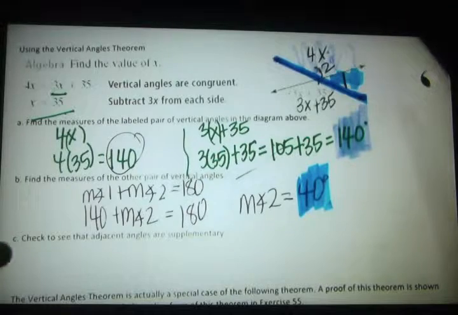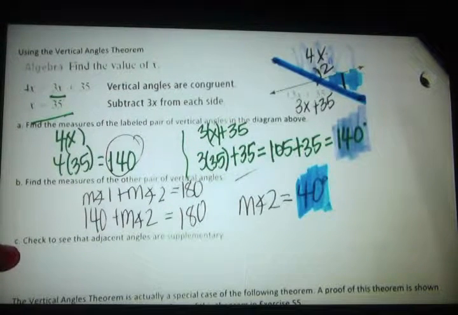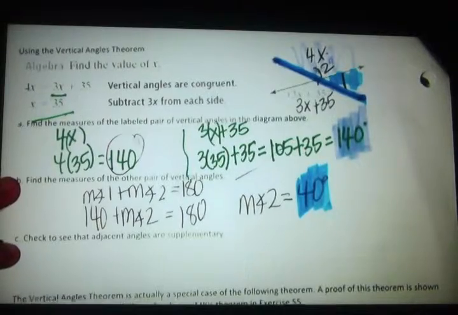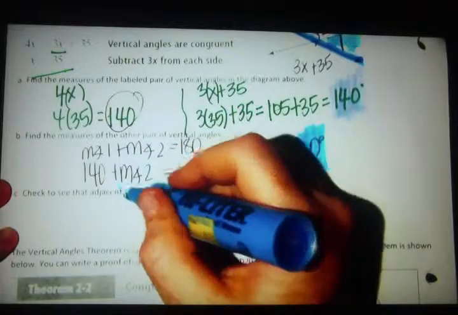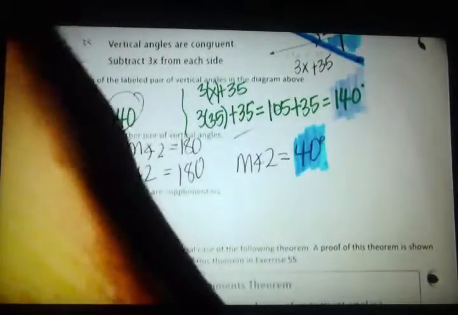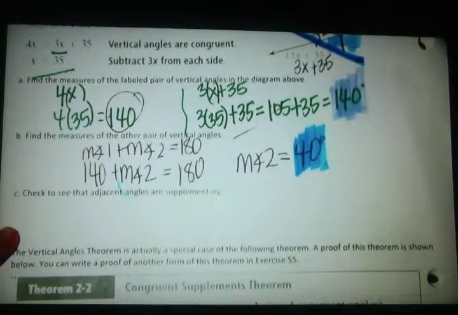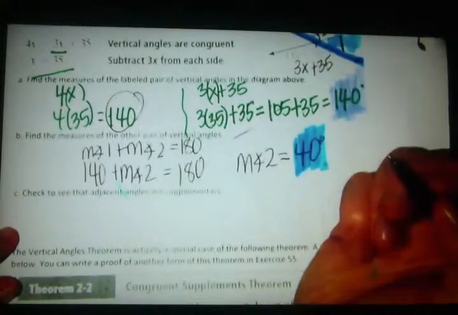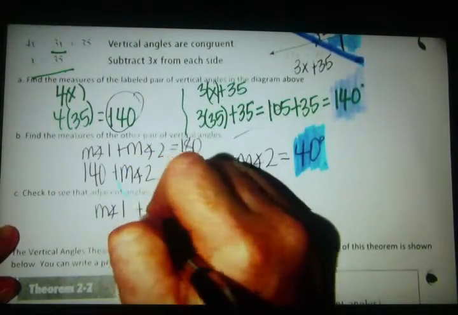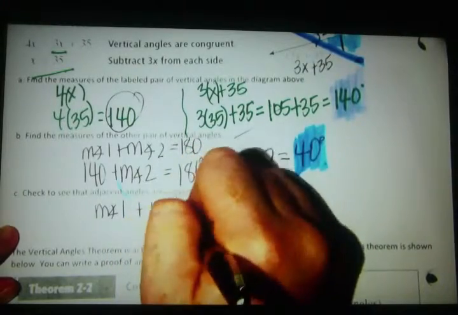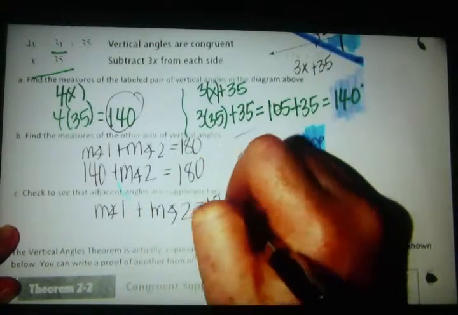Okay, so check to see that adjacent angles are supplementary. Okay, well that's kind of easy, but we had only 1 to substitute before, now we have a measure of angle 2 to substitute. So, measure of angle 1, let's use the same diagram, plus measure of angle 2 equals 180.